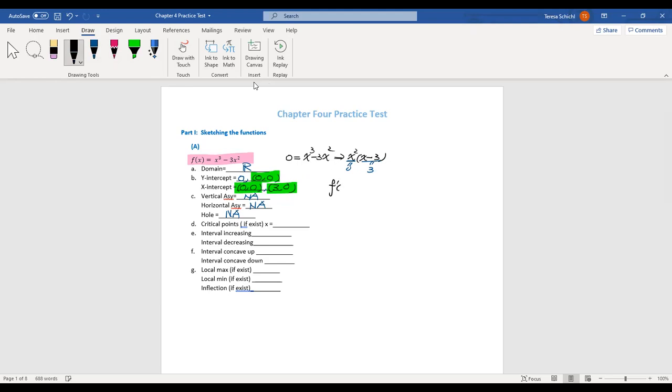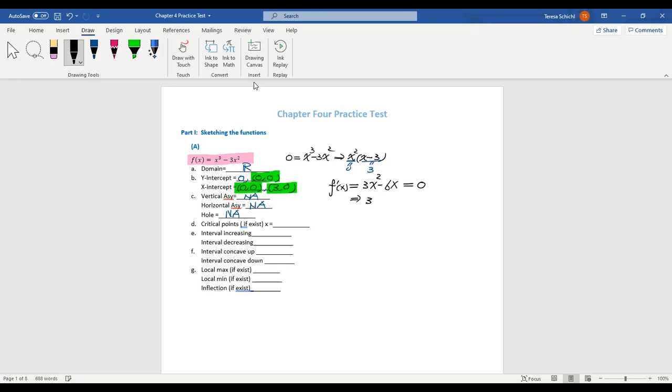So let's take a look at my derivative: f prime x is 3x squared minus 6x. The critical points have 2 situations: first, f prime x equals 0, or f prime x does not exist. But this is a polynomial, so we don't have the case where f prime x does not exist. So we set f prime x equal to 0.